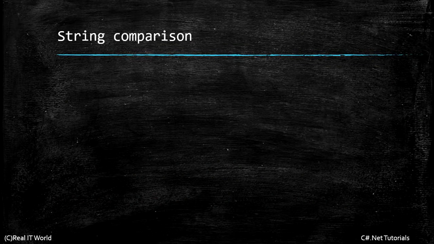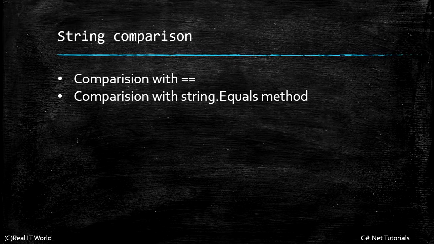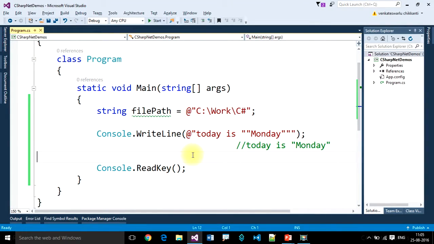String comparisons. Actually, we can do string comparison in two ways. One is using the double equals operator and the other one is the string.Equals method. Let's look at these two. We already looked at double equals.